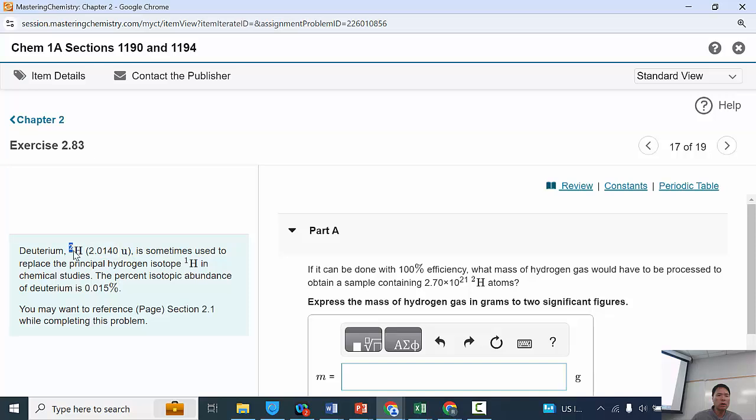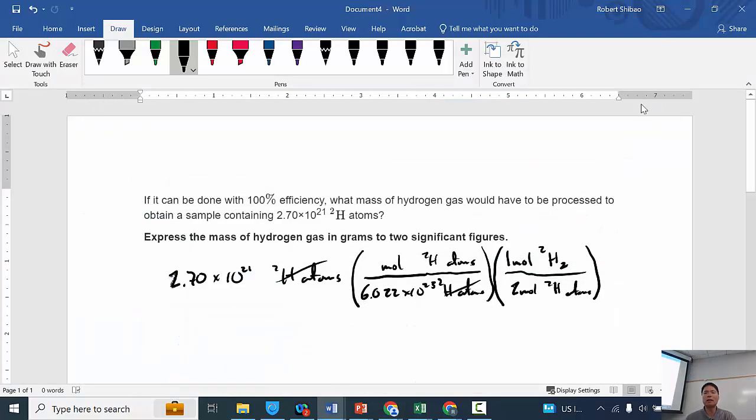2.014 u, but I don't have to use u. I could use the other unit. What's the other unit? Grams. So I'm just going to use grams. I could do u per atom, but I don't want to.